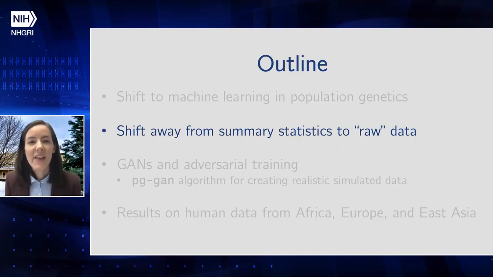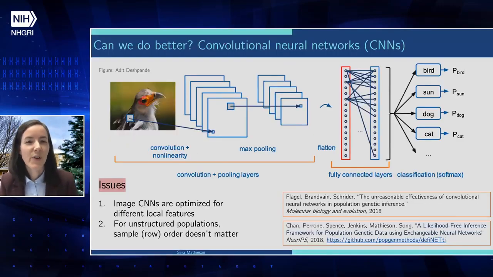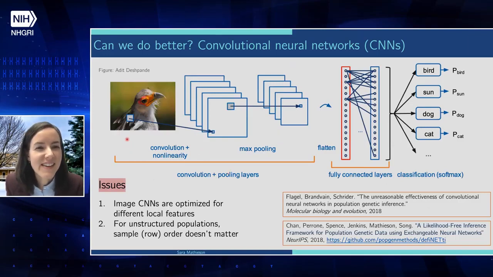So for this, I think several groups drew inspiration from convolutional neural networks, or CNNs. And these have been developed in a lot of the image recognition and classification literature. And very, very broadly, one of the key ideas of CNNs is that these little filters could pick up on different aspects of these images.